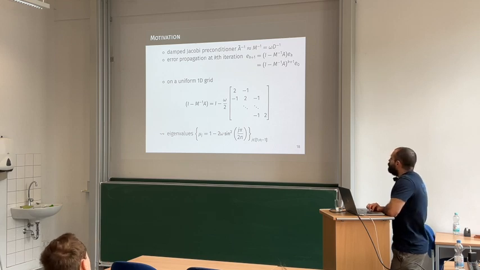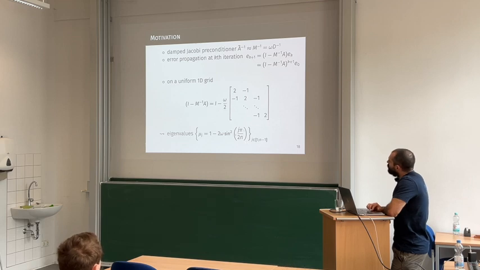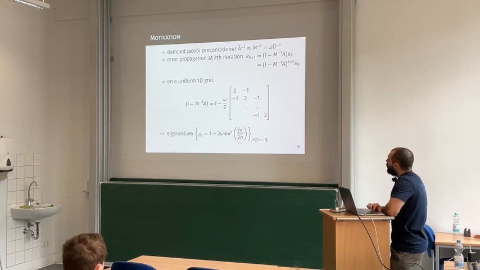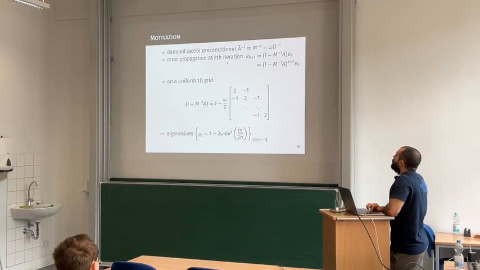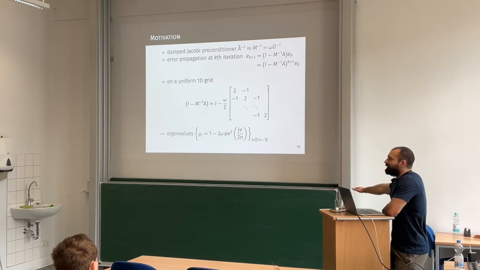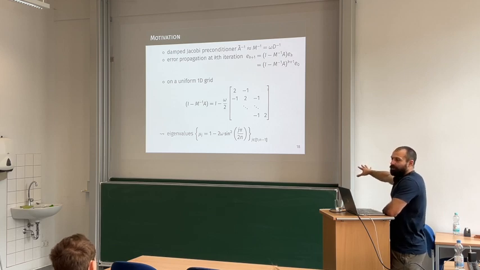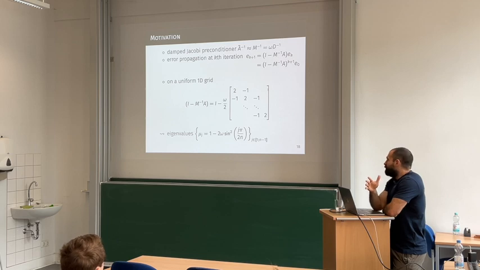On the other hand, if you look at j close to n minus 1, you basically have a sine which is close to pi over 2, so it's 1, and so mu is close to 0. So basically, these kinds of preconditioners, which are very simple, are efficient for lowering the high end of the spectrum, but very inefficient at lowering the low end of the spectrum.